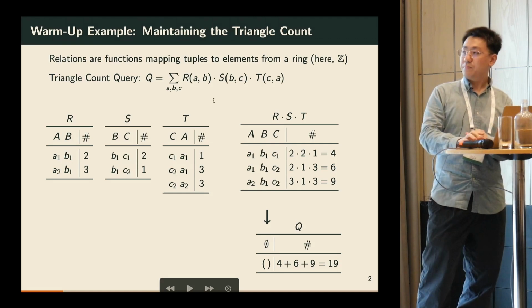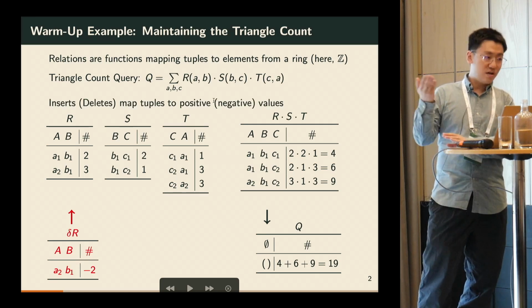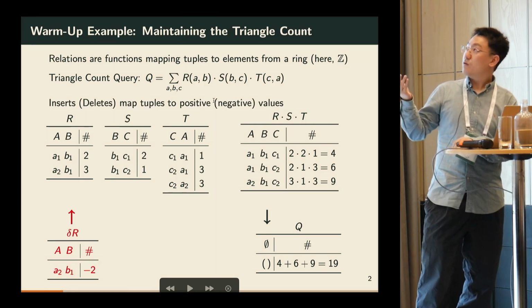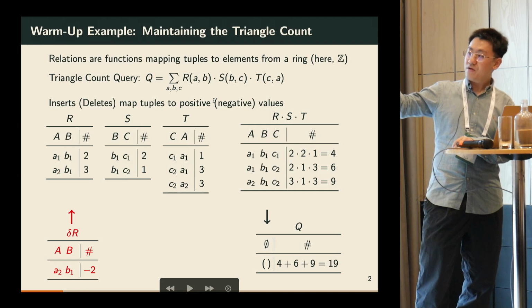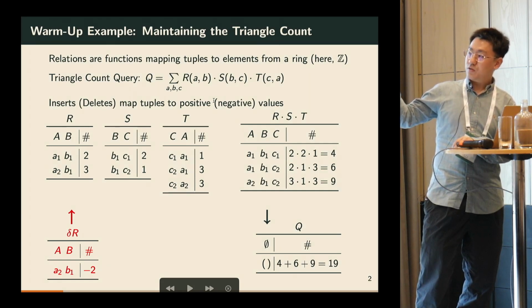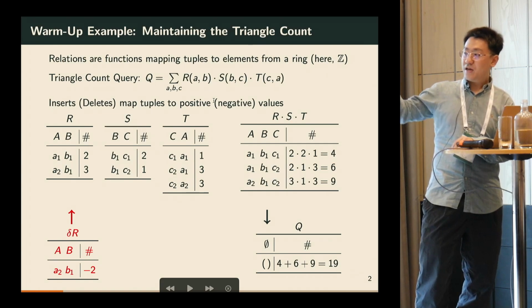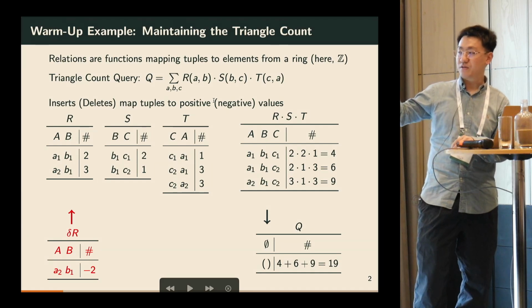So what about updates? Assume we have an update to relation R, either an insert or a delete. We represent it as a delta R there. We use positive or negative values to represent insert or delete. Here we have an update to R with A2, B1 with -2 count.